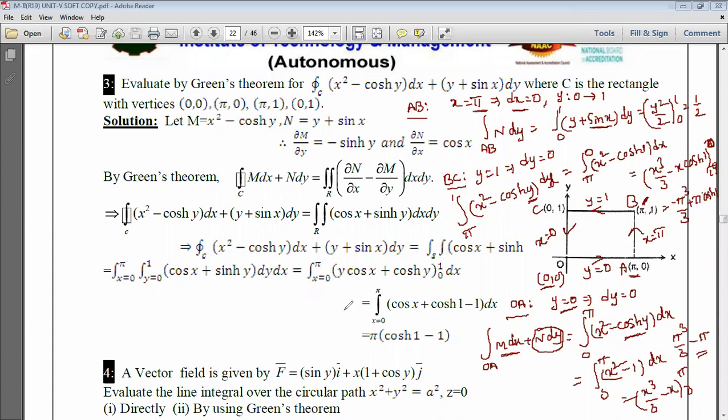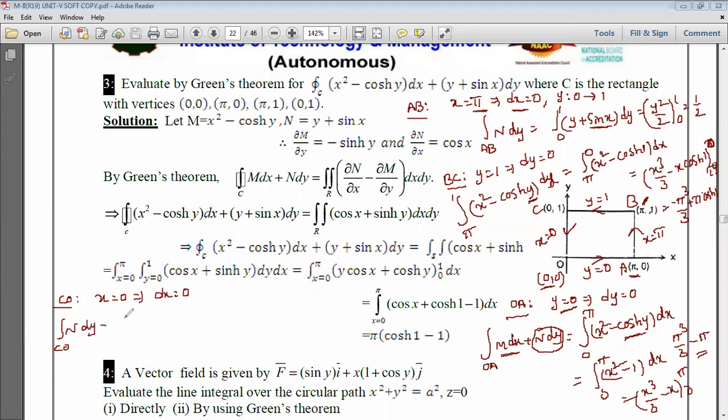Next, along the line CO. In that, the line is here it is having x is equal to 0. If x is equal to 0, obviously dx is also 0. Integral along the line CO, dx is 0 in the sense remaining N dy.